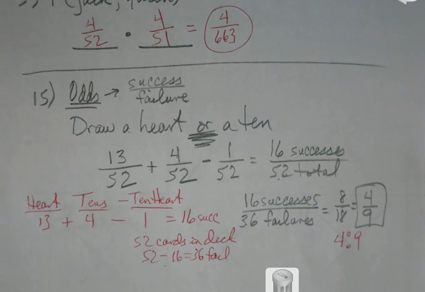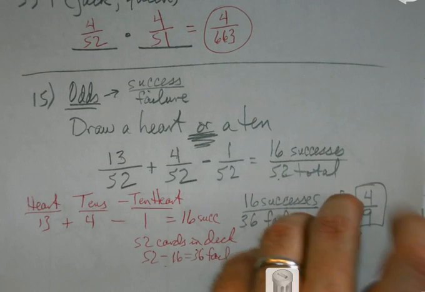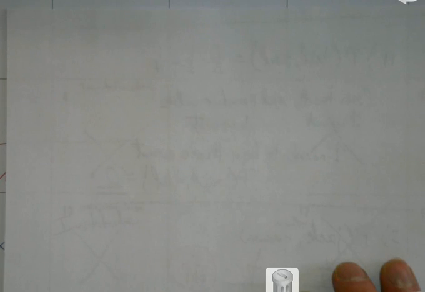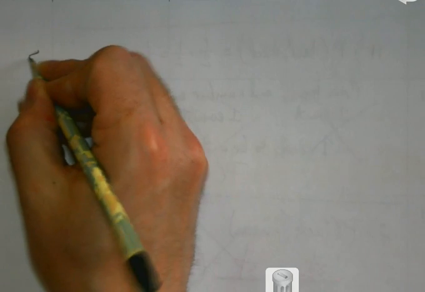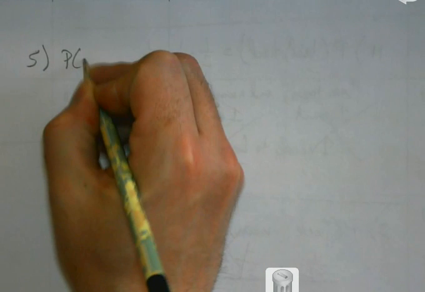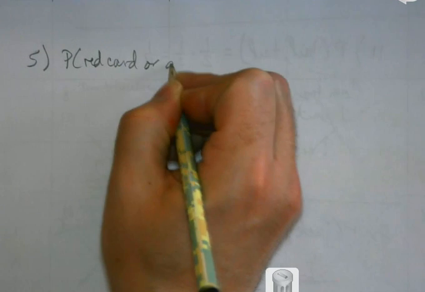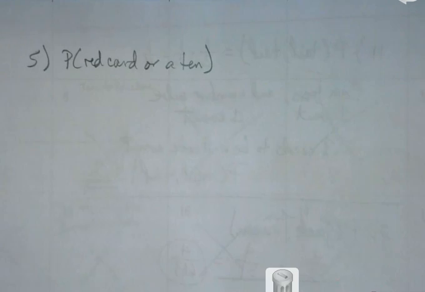We are going to run the same concept that we were on number 15 if we go back to number 5. So if we bump up a bit here, we're looking for the probability of a red card or a 10.